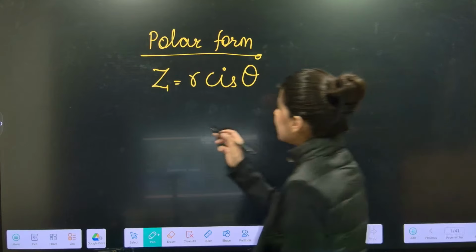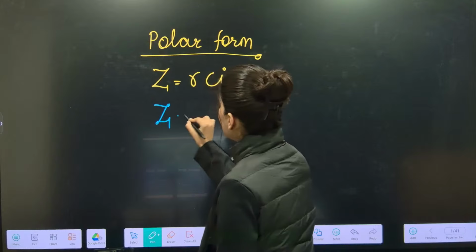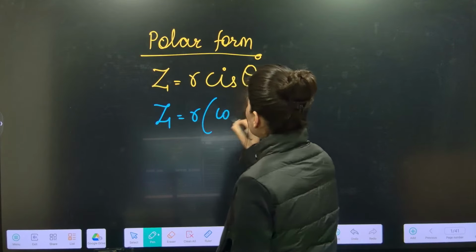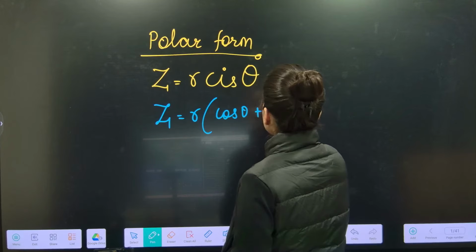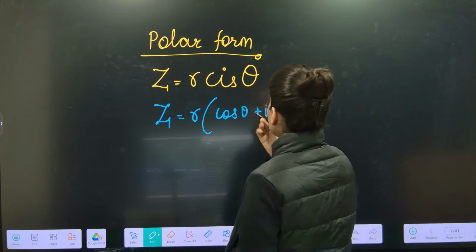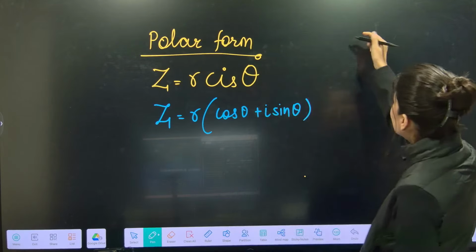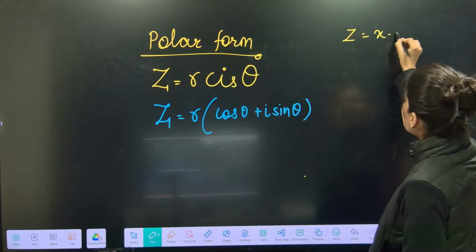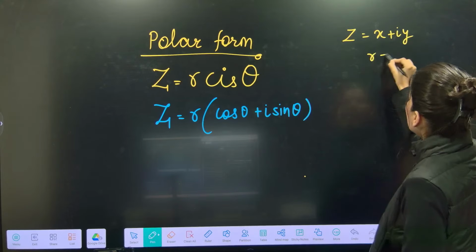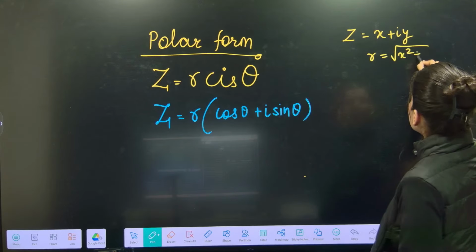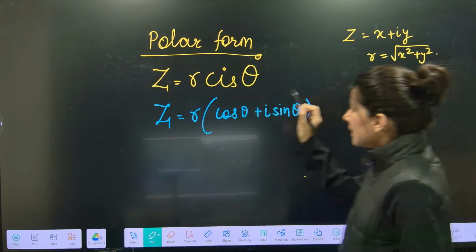Polar form is Z equals R cis theta. What is this? R cos theta plus iota sine theta. Here R is modulus and theta is argument. I hope you are aware that if Z is x plus iota y, then R is the square root of x square plus y square, correct? This is polar form.